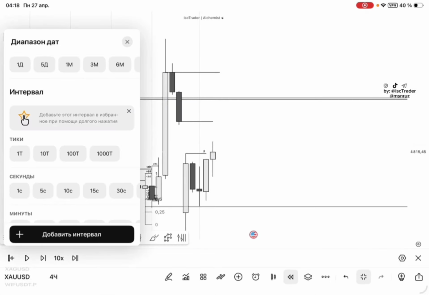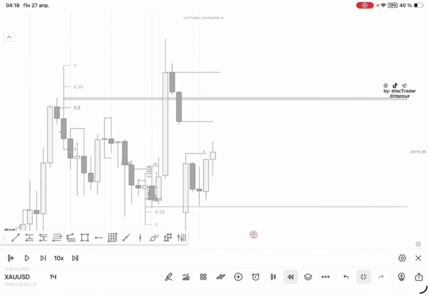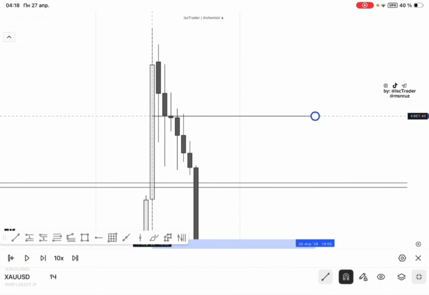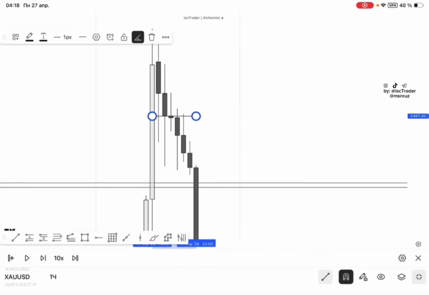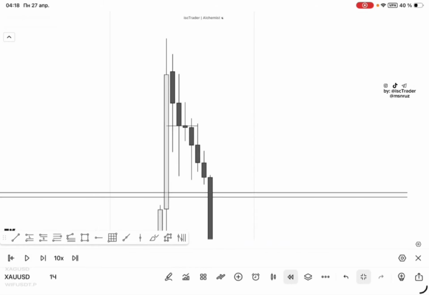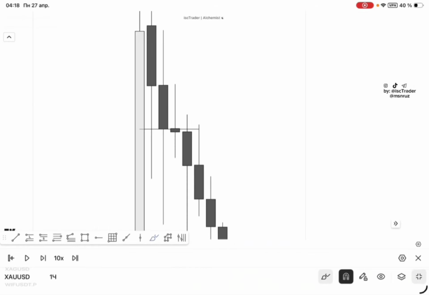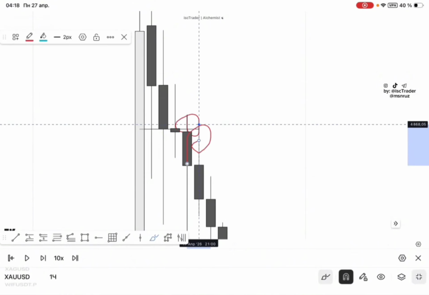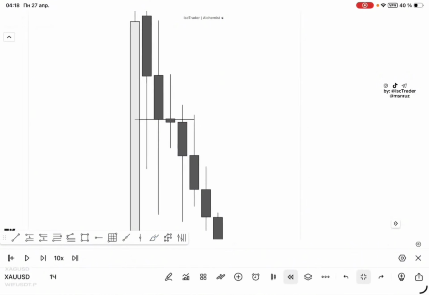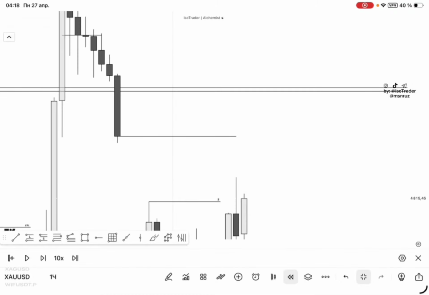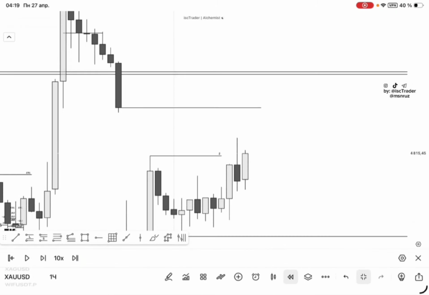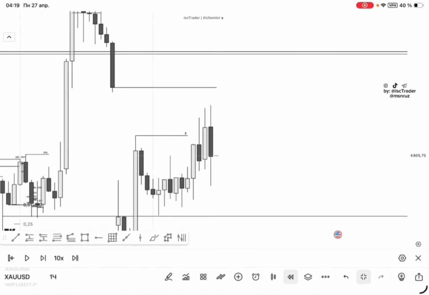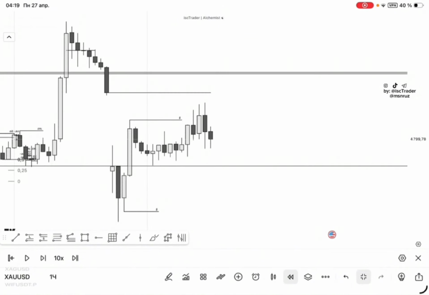Resistance, and we move to the 1-hour. On the 1-hour, the resistance is an invalid zone. Invalid. Alright, we have the key level, the open candle level, and of course, we wait for confirmation.